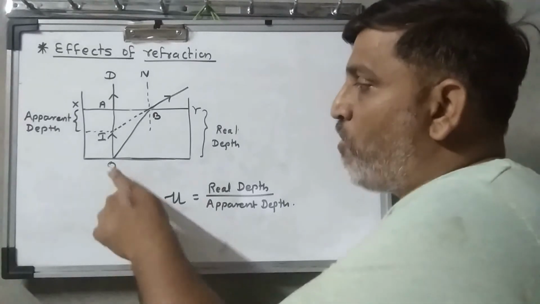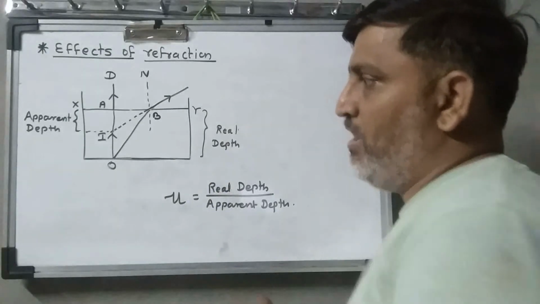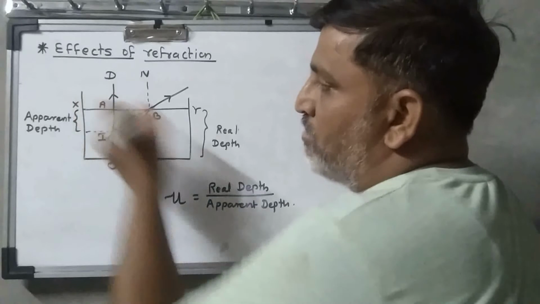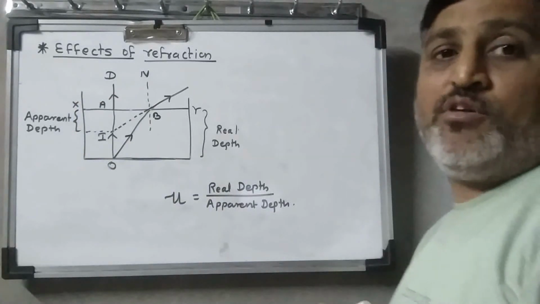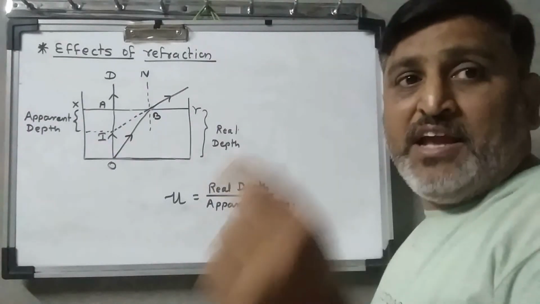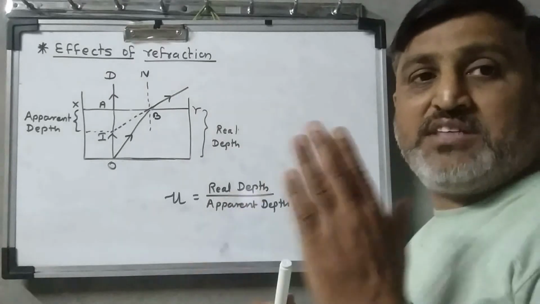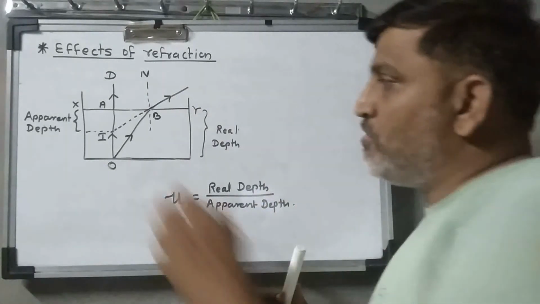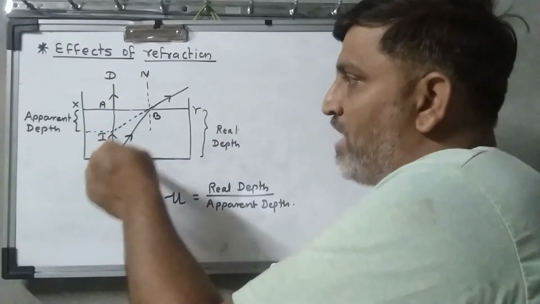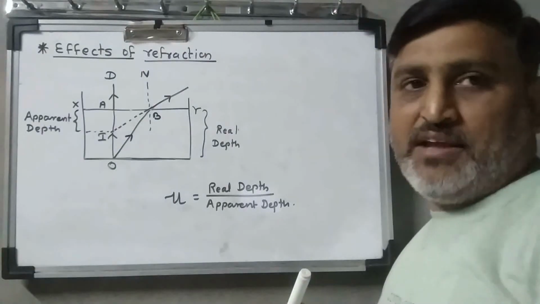From the object O, two rays are reflected. One ray, say OA, goes along the normal to the water level XY. As we know, a ray of light passing along the normal is undeviated after refraction, so OA passes along the path OAD, in a straight line.